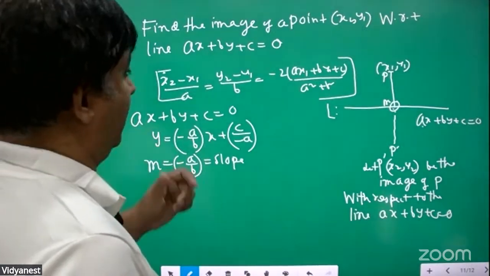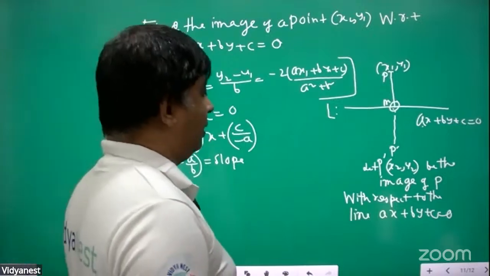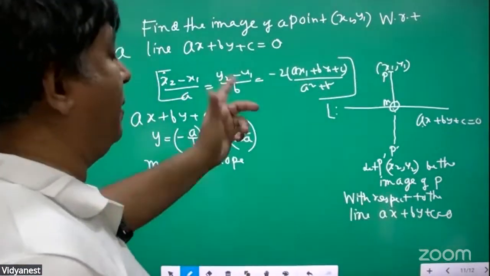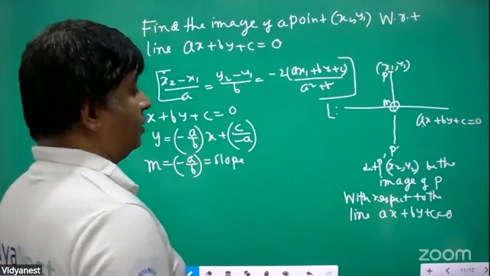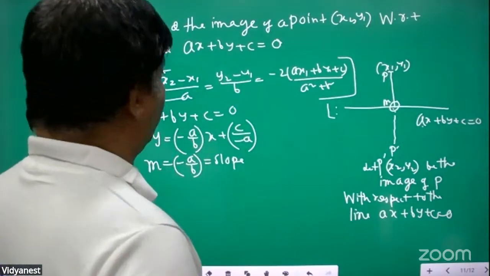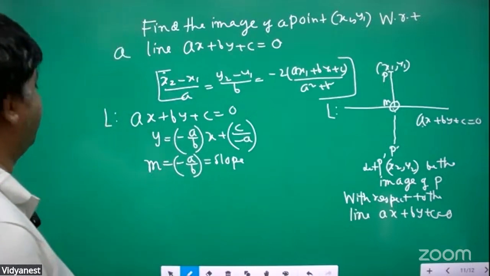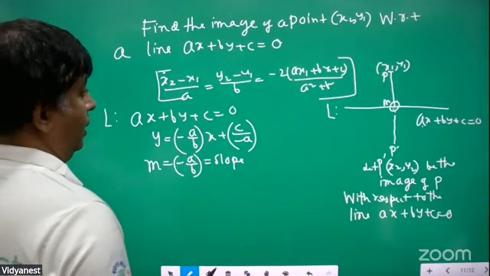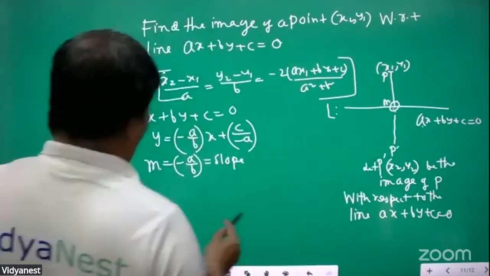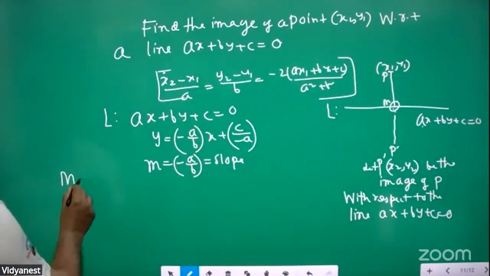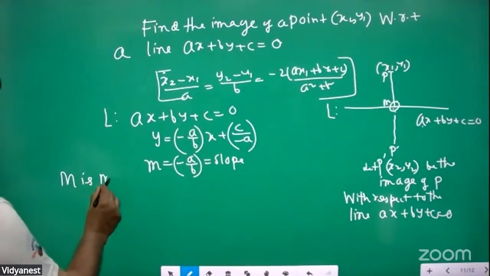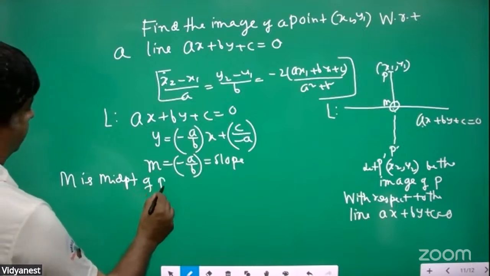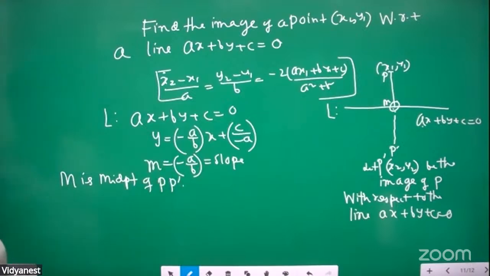Now, (x2, y2) is the image of P. So M is the midpoint of P and P dash.